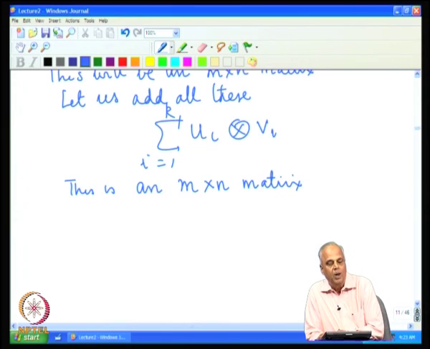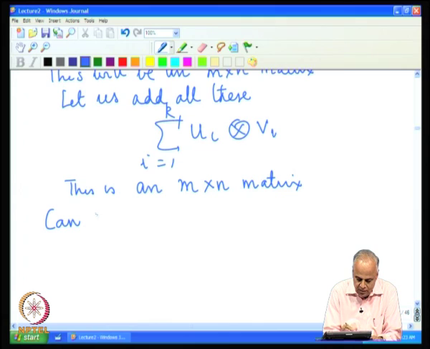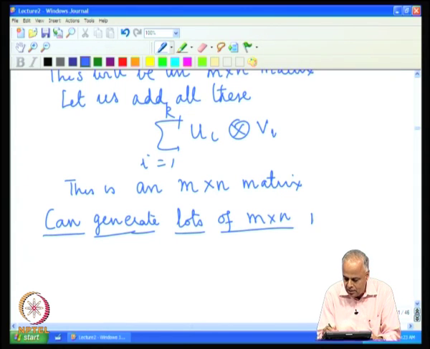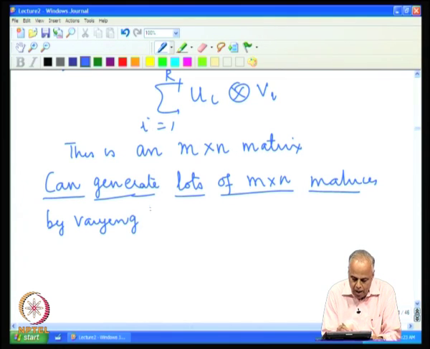Okay. So, now we see that we are able to generate m by n matrices by such sums of products. We can generate lots of m by n matrices by varying the number k, that is whether you would like to add k such tensor products, one such tensor product, 2, 3, 4 and so on.